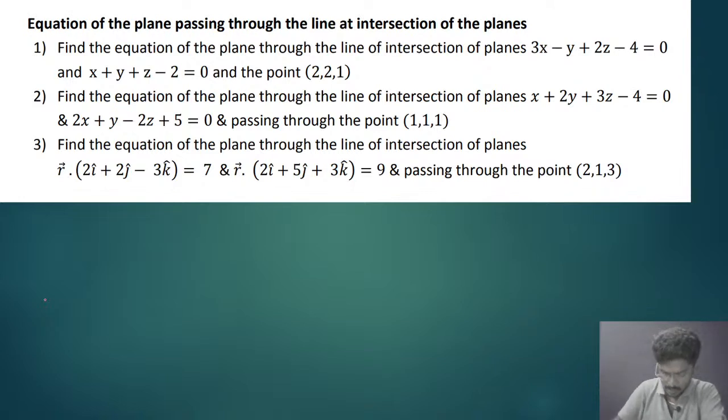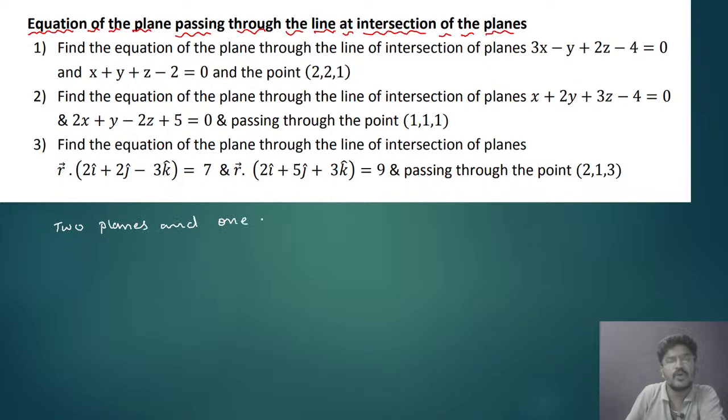Now the problems of the equation of the plane passing through the line at intersection of the planes. Okay, so what will be given in these problems? First you understand these problems. They will give two planes and one point.